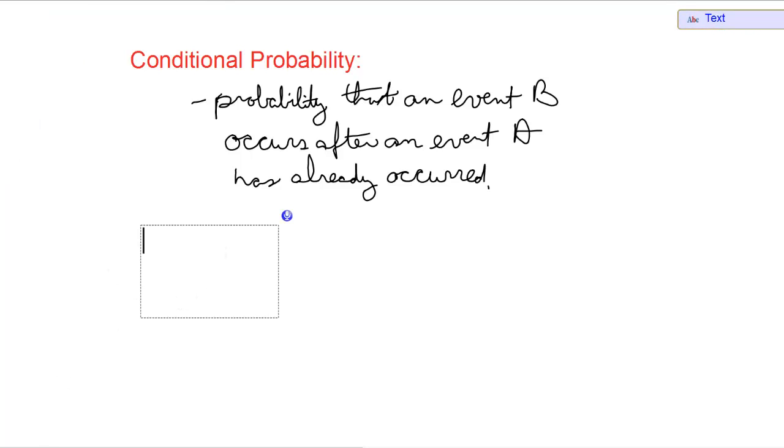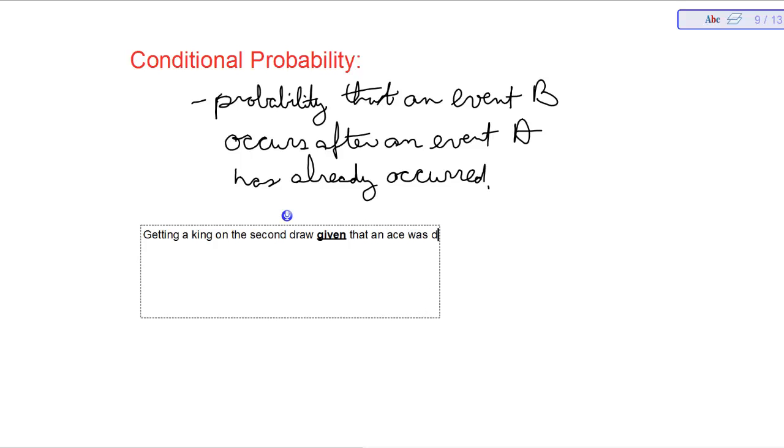This is something like we're getting a king on the second draw, given that an ace was drawn on the first draw. Okay.